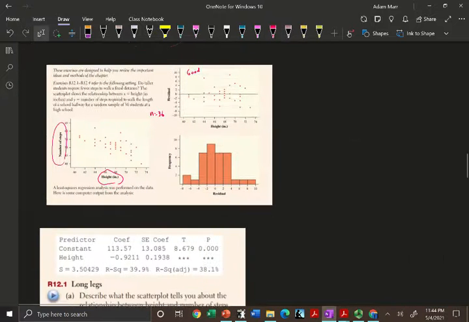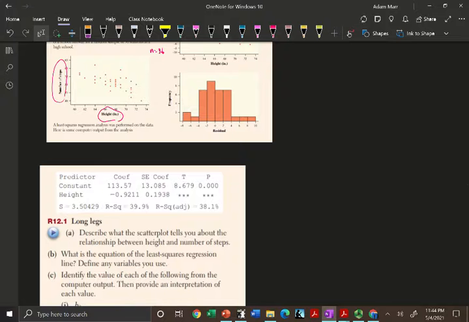Let's take a look at letter B. What is the equation of the least square regression line? Define any variables you use. No problem. So for part B, y hat is going to equal, remember, the constant is 113.57, minus 0.9211x.